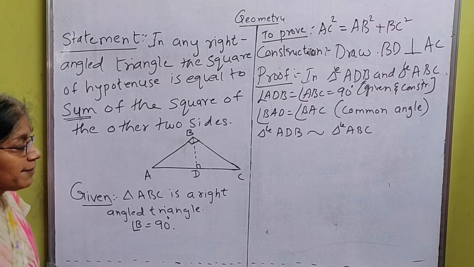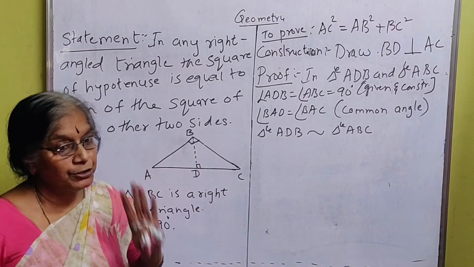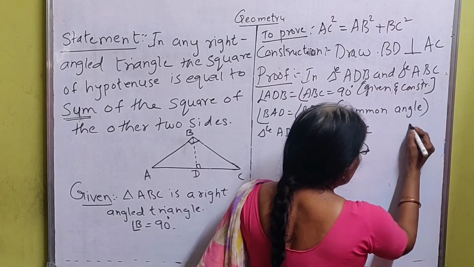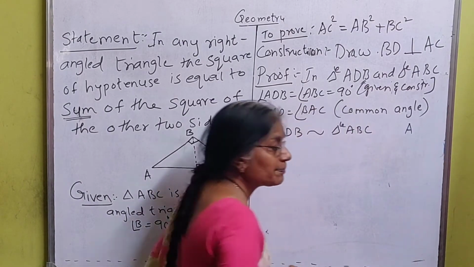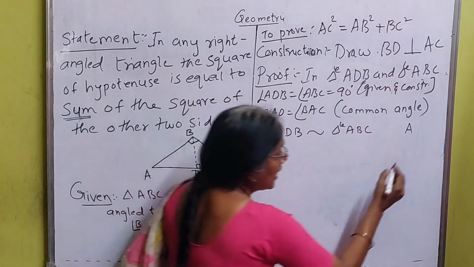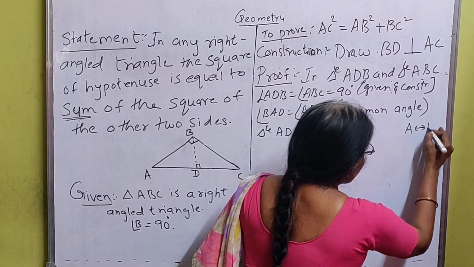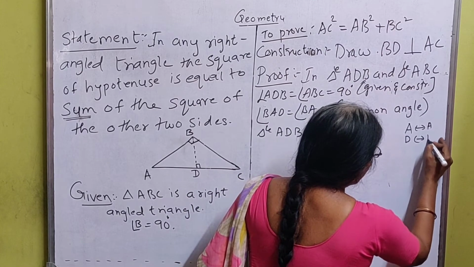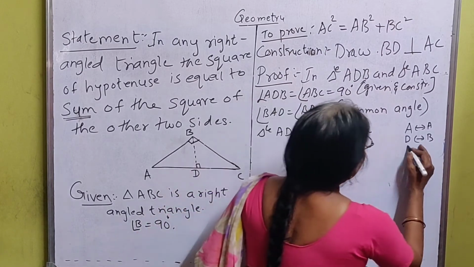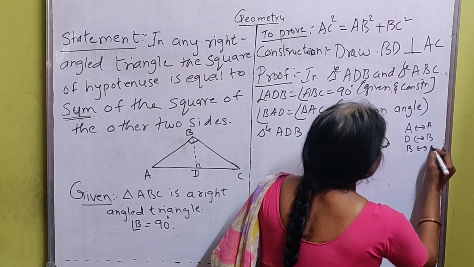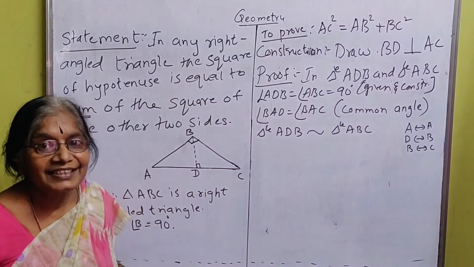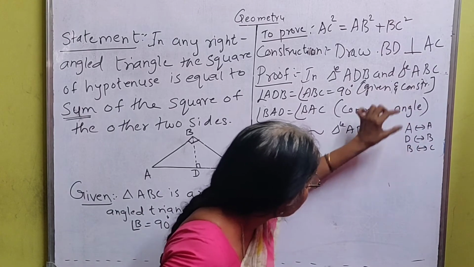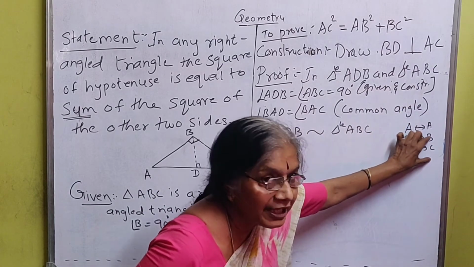So now I have to take the sides proportional. If you don't know the side proportion, I will show you an easy method. On the side over here, you write the corresponding vertices. A corresponds to A, D corresponds to B, and B corresponds to C. Now you can take the sides. If you take AD, here you have to take AB. If you take DB, here you have to take BC.